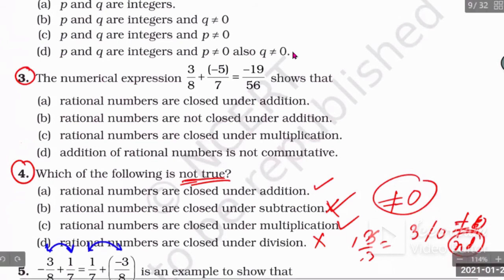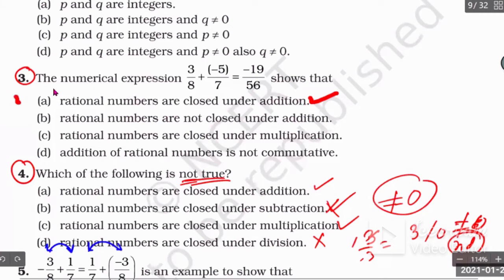Rational numbers are not closed under addition? It will be A. Rational numbers are always closed under addition.